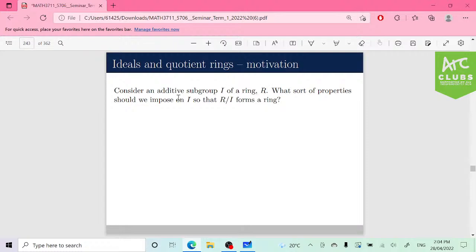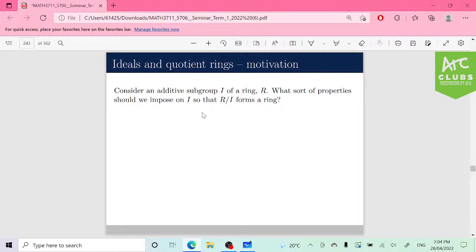But we're going to look at the additive subgroup instead. The question here is, given this additive subgroup, what properties should I impose on it so that when I take the quotient, I still form a ring? This will lend itself nicely to the definition of an ideal.